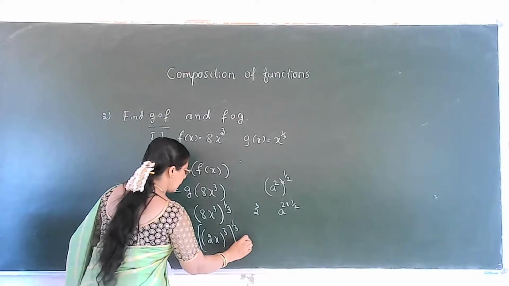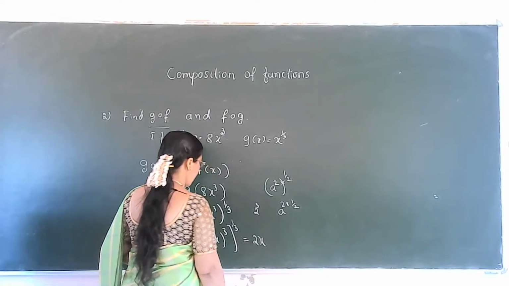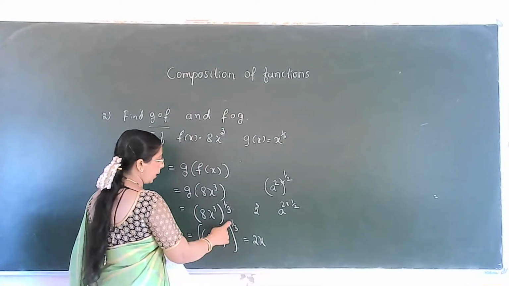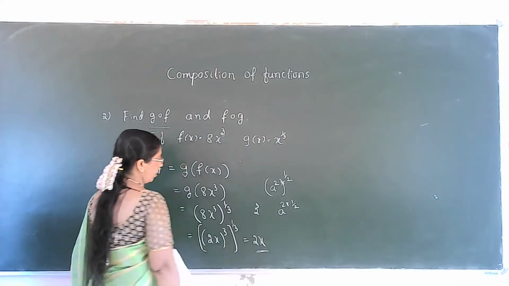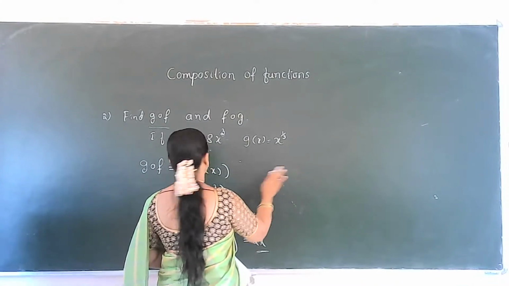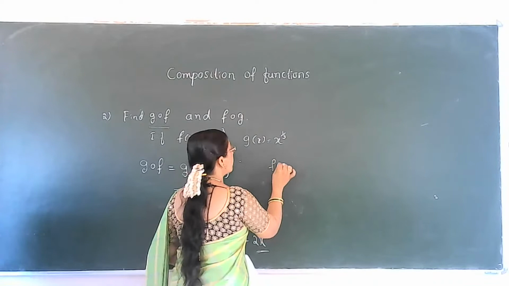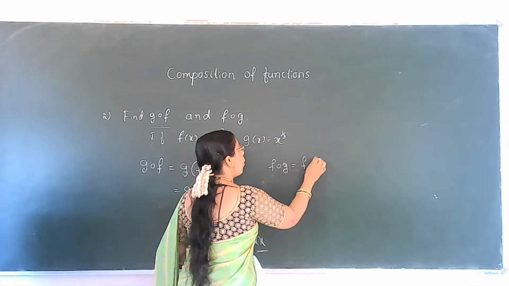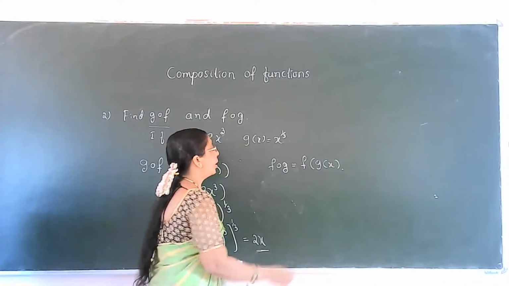In the same way, we multiply this one, 3 into 1 by 3. 3 cancel. Then we get 2x. This is the g composition of f.